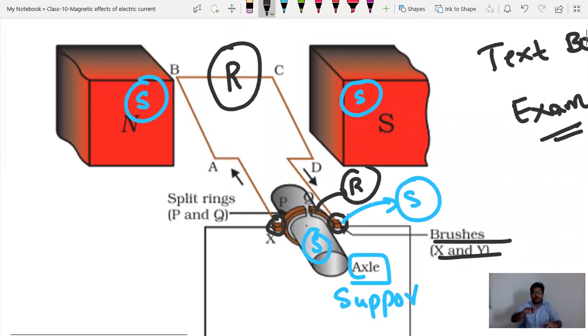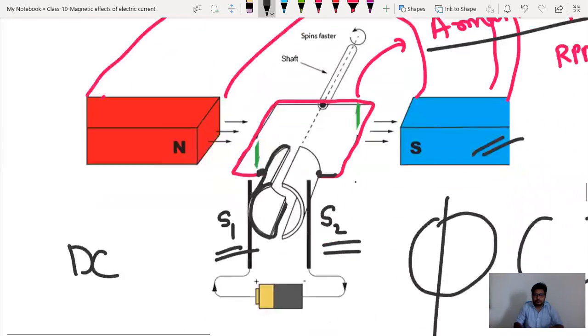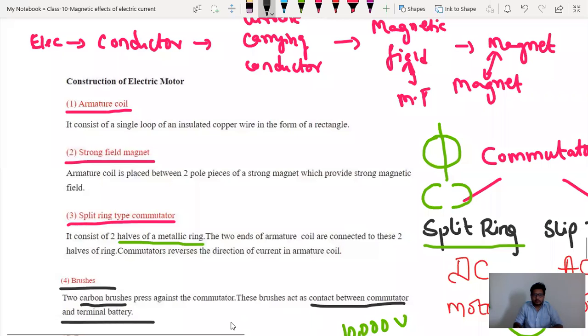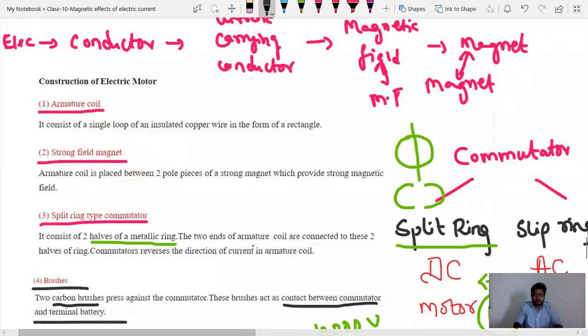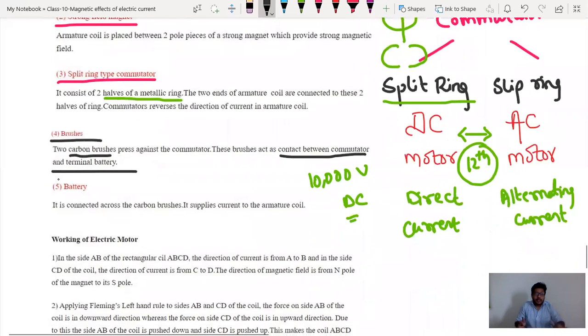When electricity is given, that coil will rotate. Next, the battery, which is connected across the carbon brushes, supplies electric current.